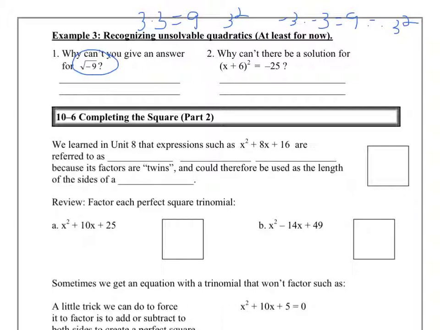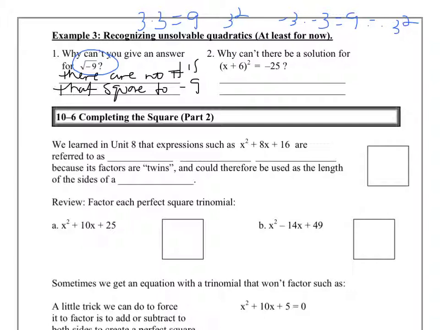So let's go ahead and fill that part in. There are no numbers that square to negative 9. Over here on the second one, it says, why can't there be a solution here?